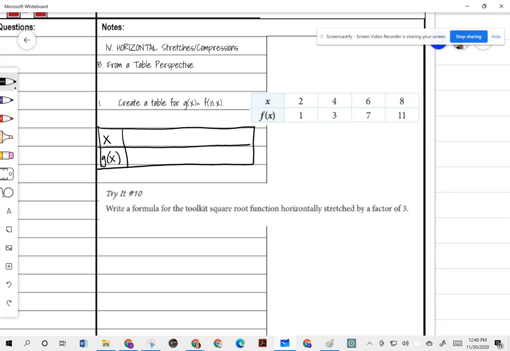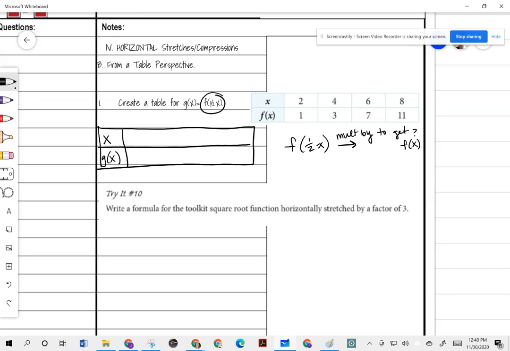We have to look at the function, f of 1/2 x, which means we are trying to figure out what I multiply by to get back to f of x.